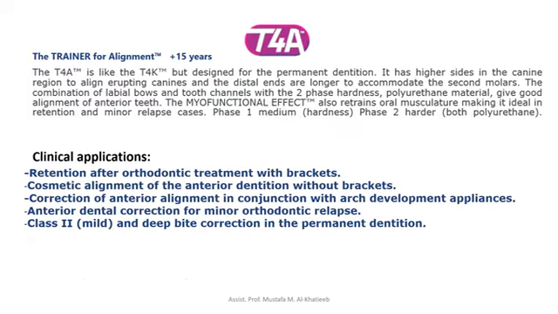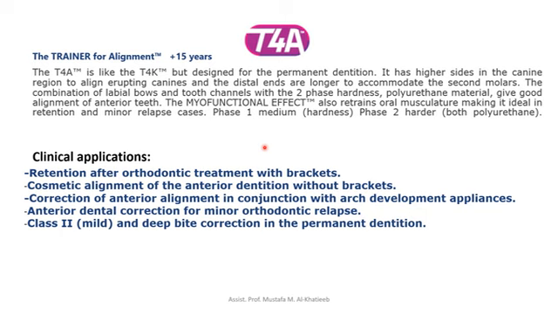The other type, the trainer for alignment for adults in the permanent dentition, is like the T4K but designed for alignment of the permanent dentition. It has higher sides in the canine region to align erupting canines, and the distal ends are longer to accommodate the second molars.